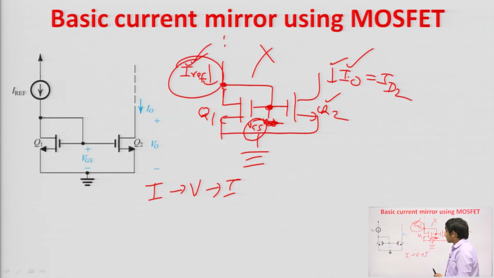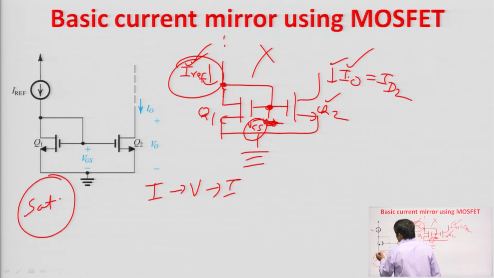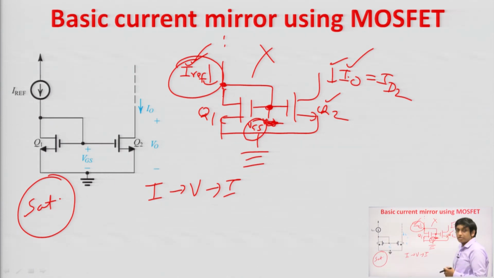And of course, this Q1 and Q2 transistor must be in saturation region, because as I have already discussed, the drain current equation is for saturation region, right. So, it is mandatory that Q1 and Q2 should be in saturation for MOSFET and Q1 and Q2 should be in active region for BJT, fine.